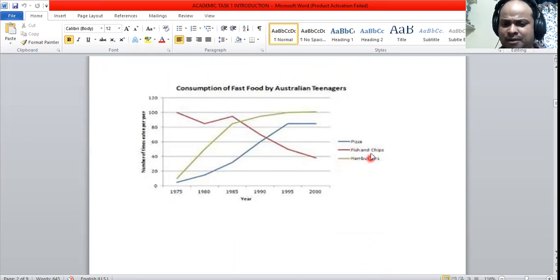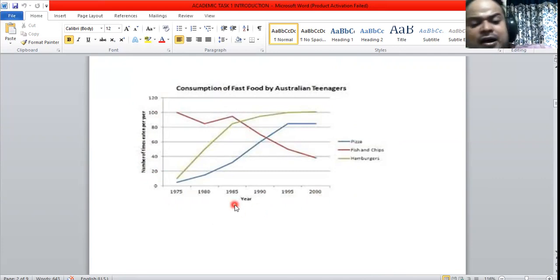We do have some components here, pizza, fish and chips and hamburgers. And we have the x-axis and y-axis here, the horizontal and vertical axis. The vertical axis says number of times eaten per year. So this is 100 times per year. And this is 20 times per year. Now here it is year 1975 to 2000.